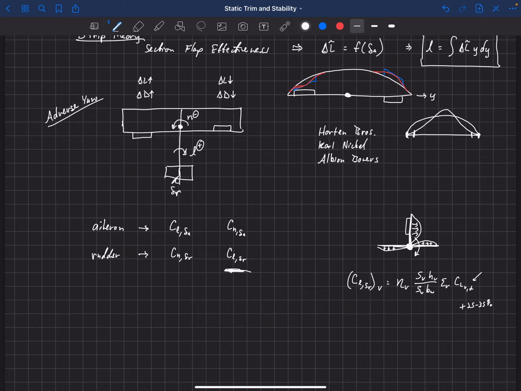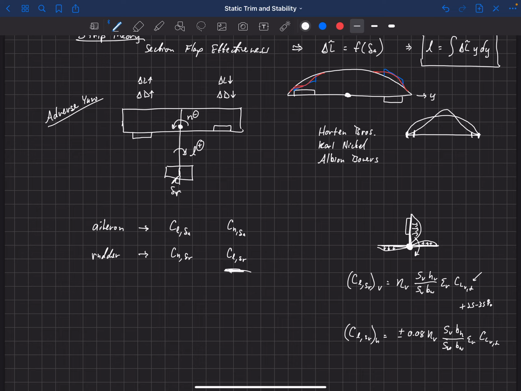Now, you also have an effect from the horizontal. So CL delta R on the horizontal tail. And what he gives for that is that you can use as an estimate plus or minus 0.08 times the vertical tail efficiency times SV BH over SW BW times epsilon R CLV alpha.